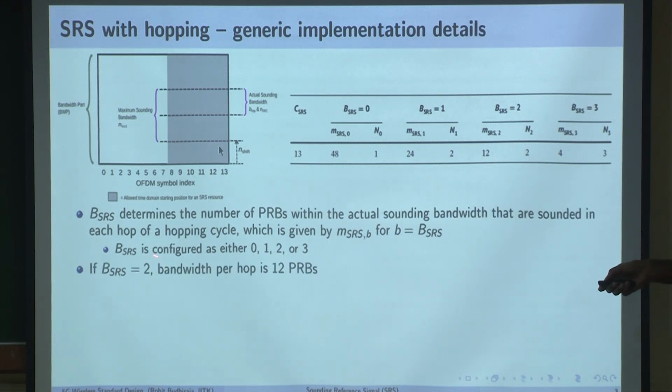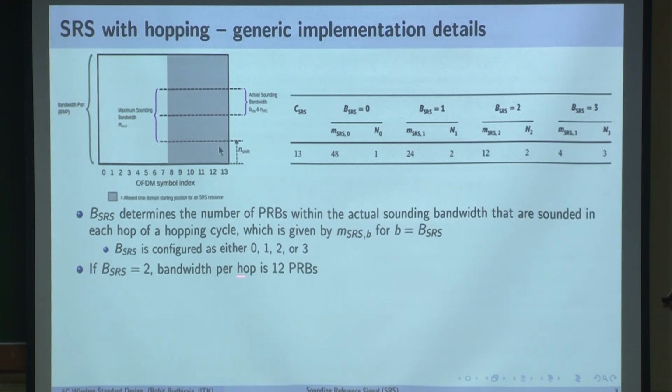Let's say BSRS is 2, I am picking this column. So the bandwidth per hop is 12, that is what this bullet is telling. BSRS determines the number of PRBs within the actual sounding bandwidth that are sounded in each hop of a hopping cycle. So how many PRBs will be sounded out if BSRS is chosen as 2? 12.